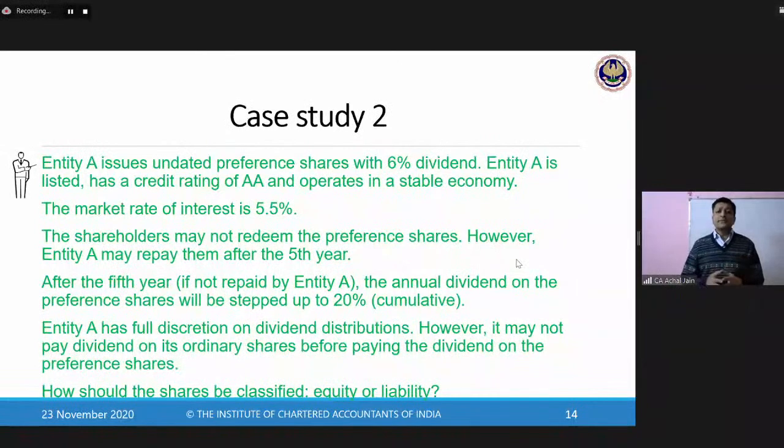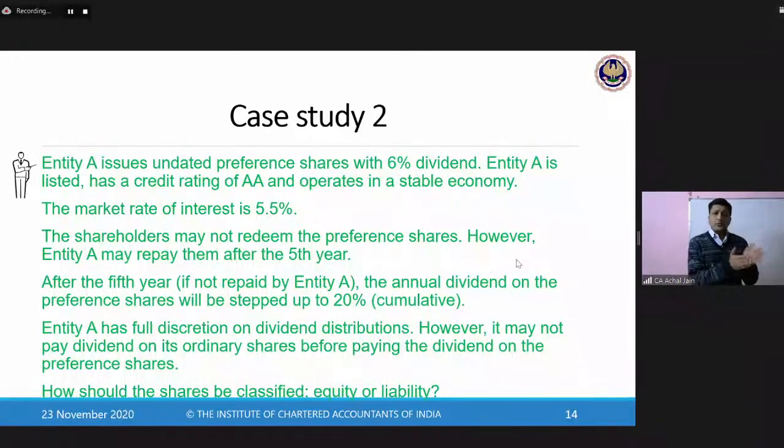So if you believe we have been discussing an instrument which is legally not possible, because there could be certain challenges, certain regulatory approvals, etc. may be required, that part you should ignore, because our focus is to understand the accounting requirement in relation to any such instrument and to understand how that should be assessed.